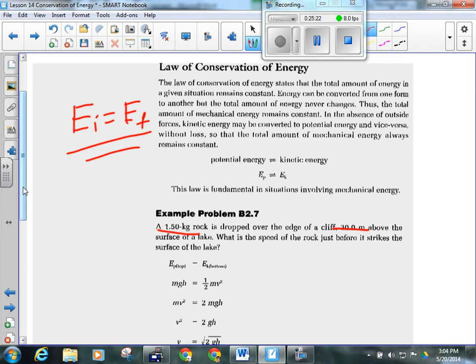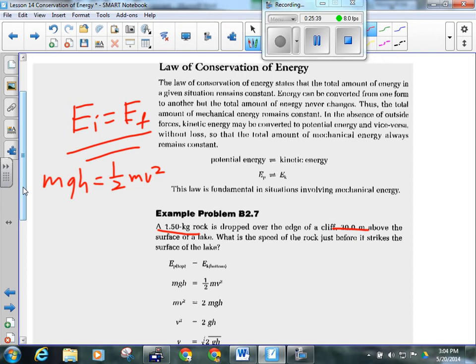Because what's its height when it hits the water? 0. So the initial energy equals the final energy, and in this particular case, the potential energy at the beginning equals the kinetic energy at the end. That's not always the case, but it is in this example.